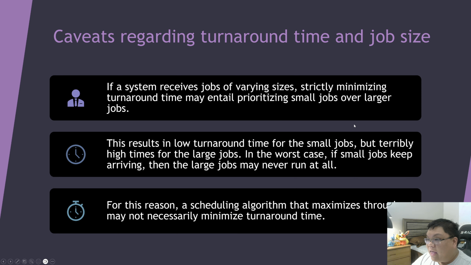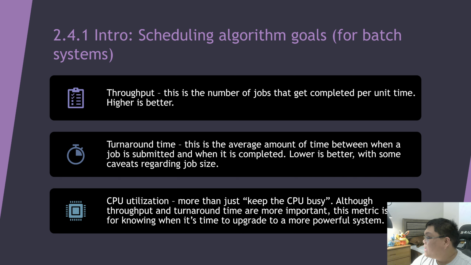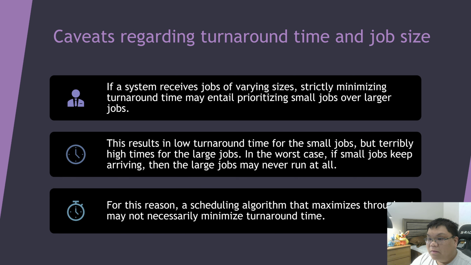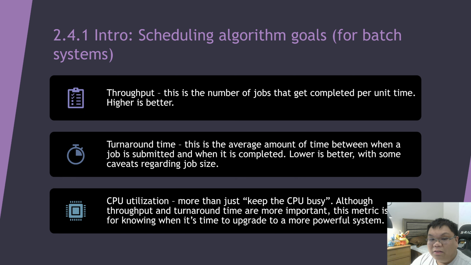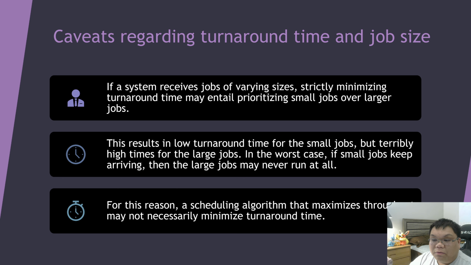If you have a batch system scheduling algorithm that is designed to maximize throughput, and you have large jobs and small jobs, it might be the case that it'll just prioritize all the small jobs at the expense of all the large jobs. Fair for the small jobs, not fair for the large jobs.